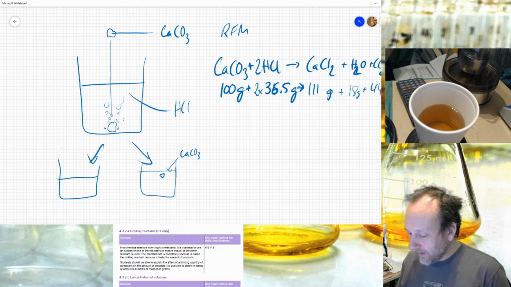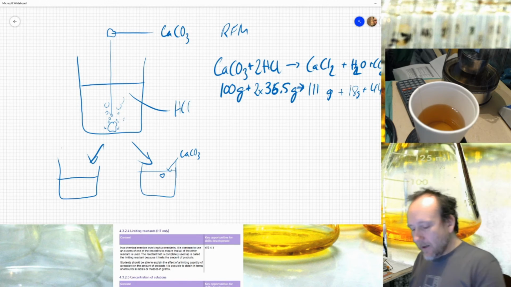If I add those together, you see that's right, because we've got 173 on the left-hand side, and 18 plus 44 is 62, and 62 plus 111 is also 173.